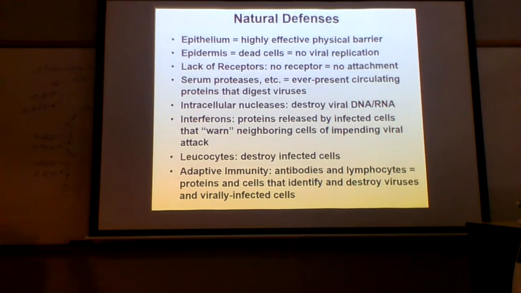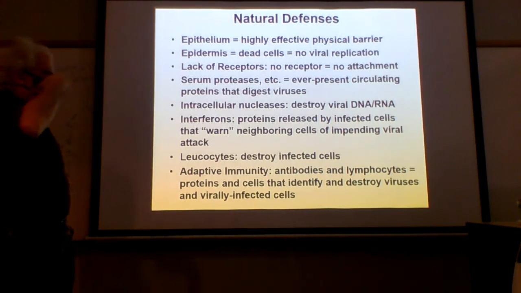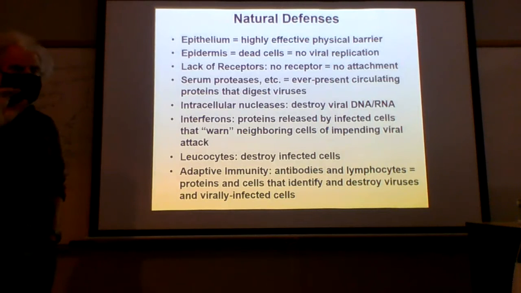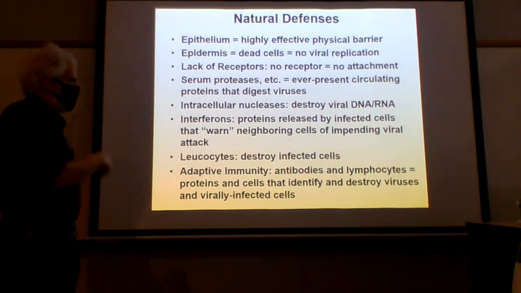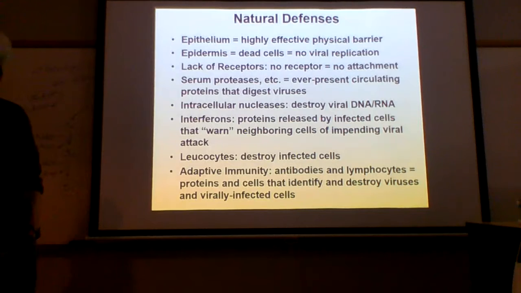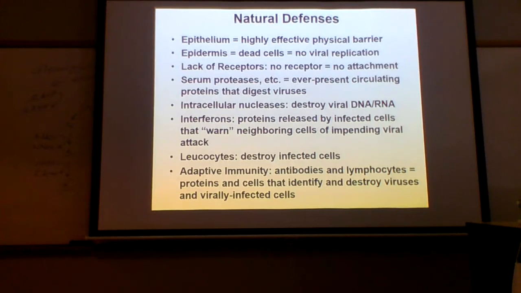There are a whole host of inflammatory and antiviral type systems. Interferon, you may have heard of, is a protein that is being released by infected cells and is essentially saying, hey, we got a virus in the system, let's start doing something about it.